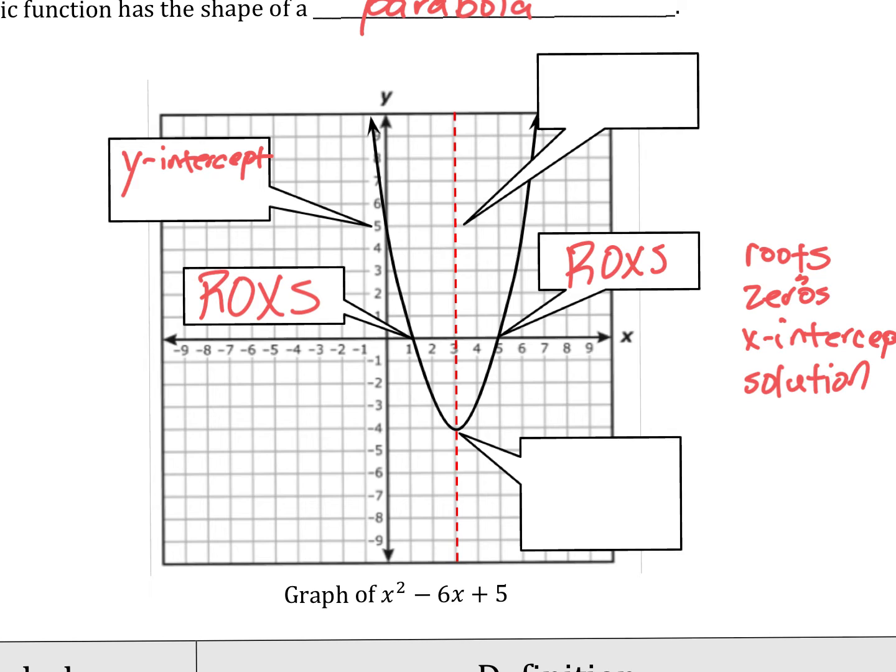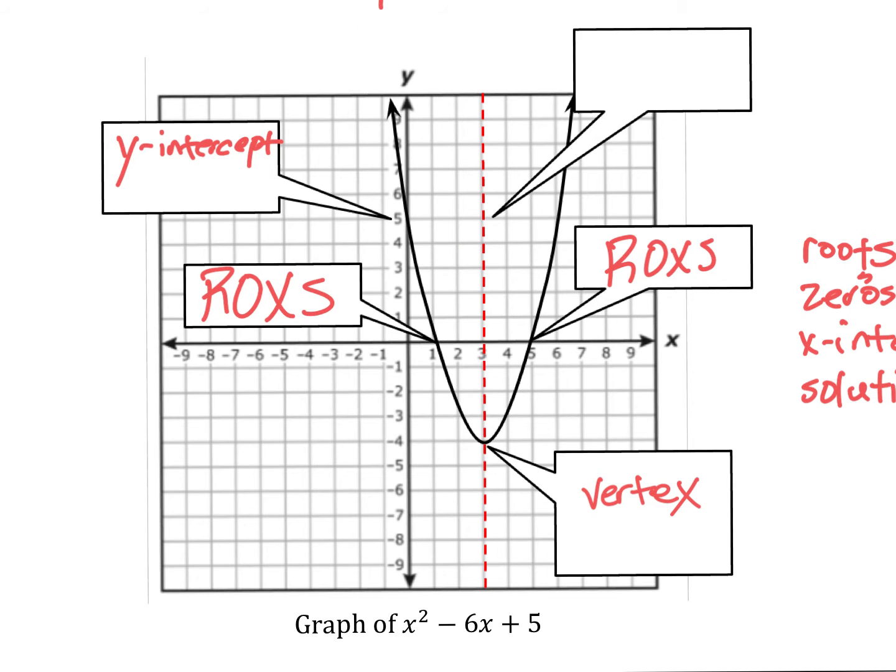This bottom point down here, where the graph changes direction, that is called the vertex. The vertex will be the highest or lowest point depending on which way the graph is facing. The last thing that we're going to look at right here on the graph, this line that splits it down the middle evenly, that is called the axis of symmetry.